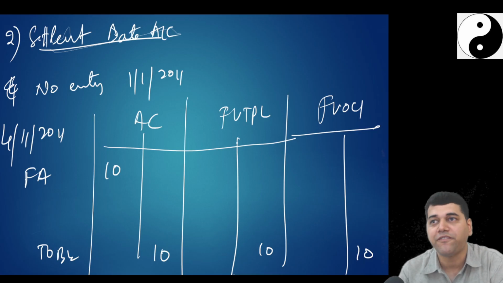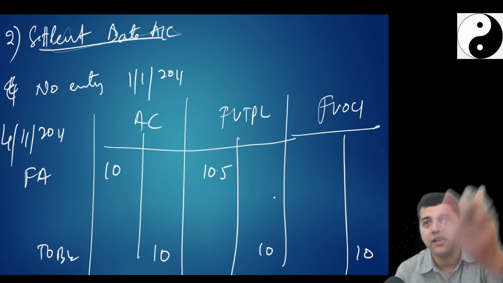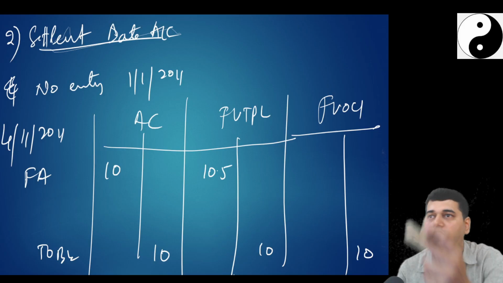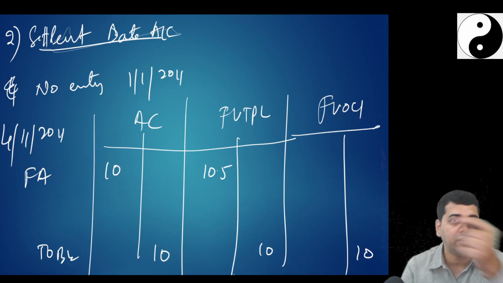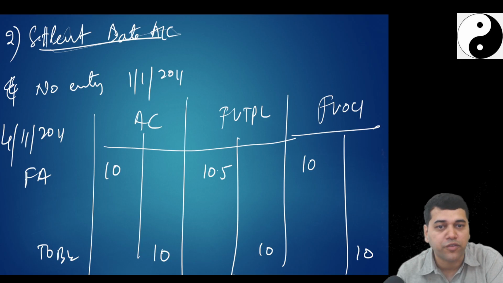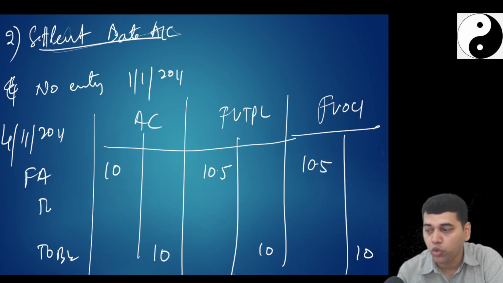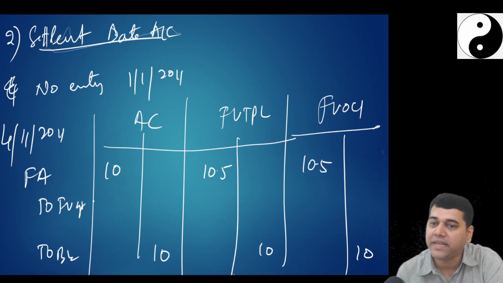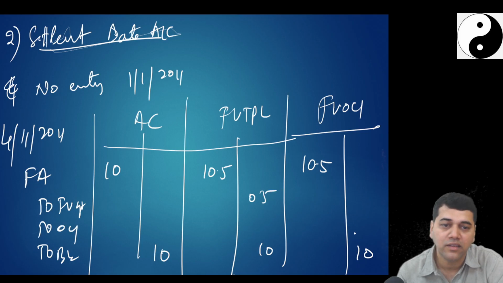But if it is FVTPL, what is my financial asset? 10.5. If you want to use 10, then again financial asset 5. Instead of passing two entries, financial asset 10 and financial asset 5, you say financial asset 10.5, no? FVOCI also 10.5. But here it is to fair value gain P&L 0.5, and to OCI 0.5.